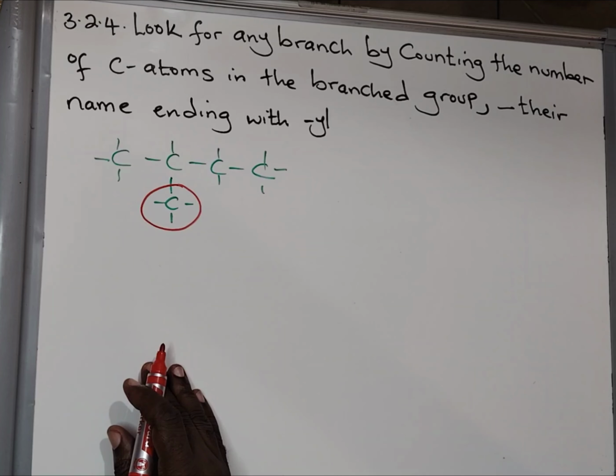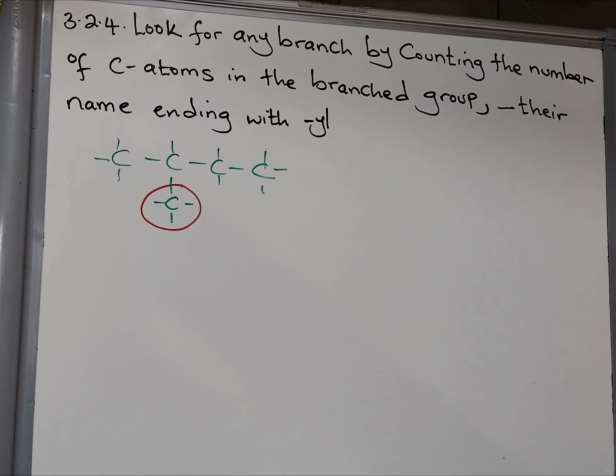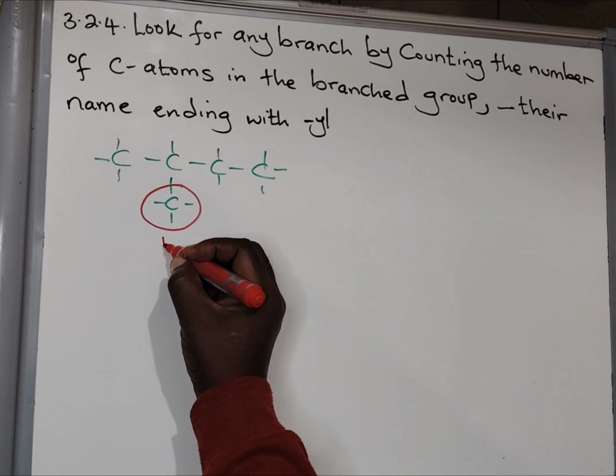It has how many carbon atoms? It has 1. Remember, we use "my ear pains badly" as the mnemonic for recalling the first 4 carbon atoms. M is for 1 carbon atom, so this is a methyl.